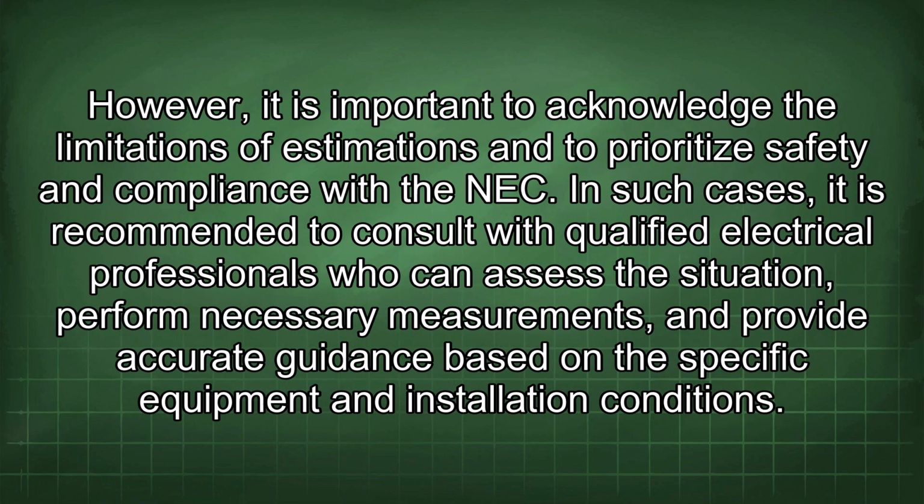However, it is important to acknowledge the limitations of estimations and to prioritize safety and compliance with the NEC. In such cases, it is recommended to consult with qualified electrical professionals who can assess the situation, perform necessary measurements, and provide accurate guidance based on the specific equipment and installation conditions.